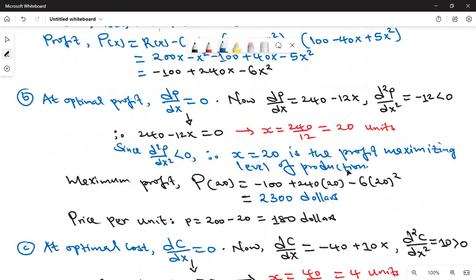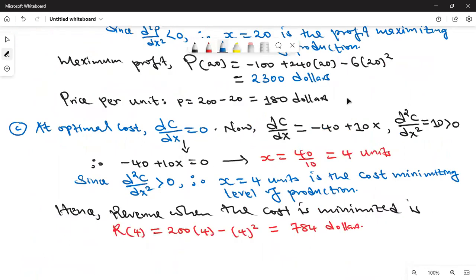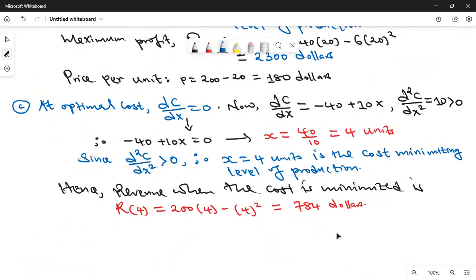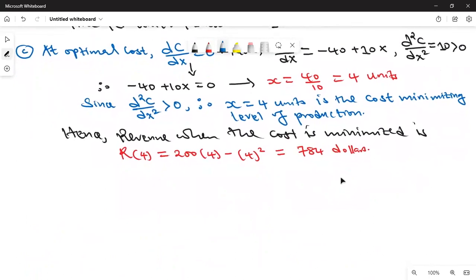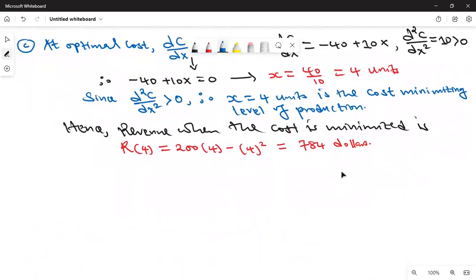So in this case, now you have a tax that is being imposed on the goods that you're producing and selling. You have to pay some tax to the government. How do we cater that in our solution? So in part D, this is how we begin.